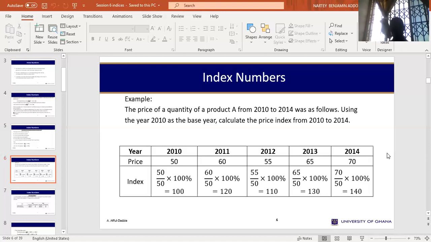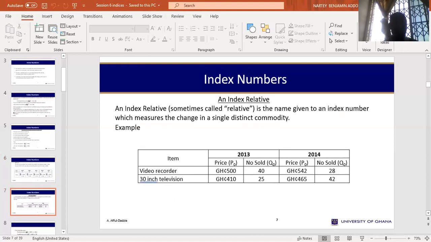And for 2014, that will be 70 over 50 times 100, so that will be 140.